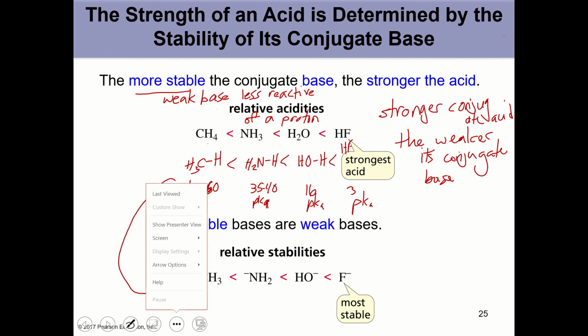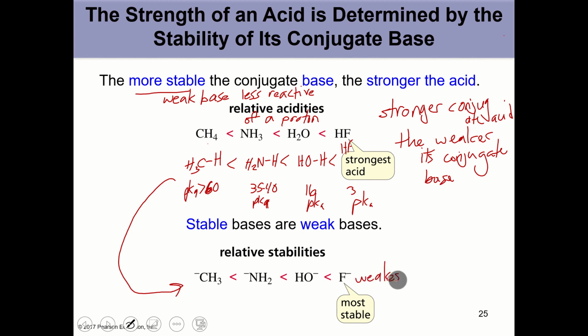And so the rule of stronger acid, weaker base is applied, and then we can say that fluoride is the weakest base, and that CH3 minus is the strongest base.